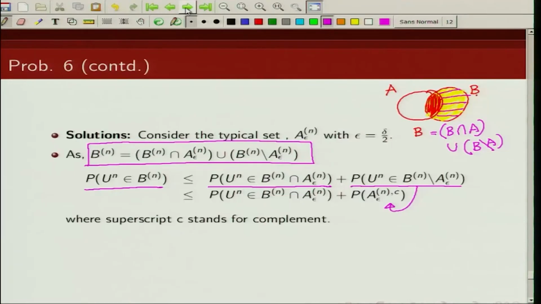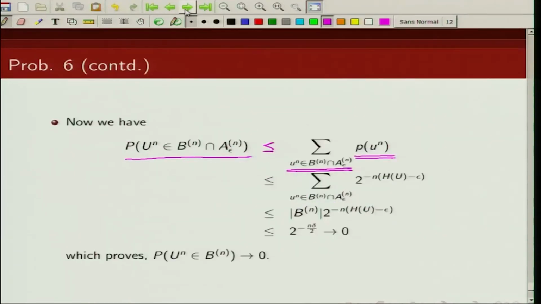So the probability can be upper bounded by 2 raised to minus n (h of u minus epsilon), summing over this particular set.